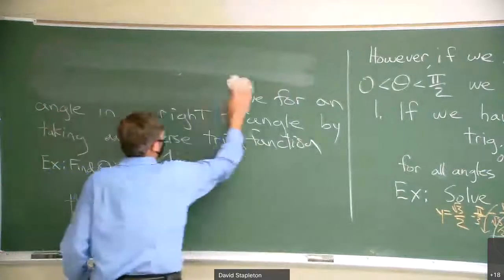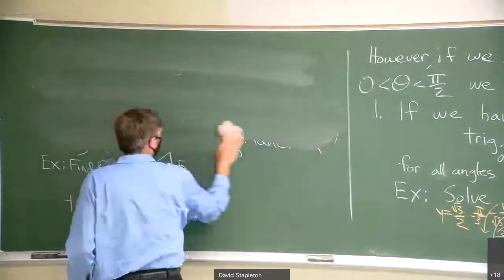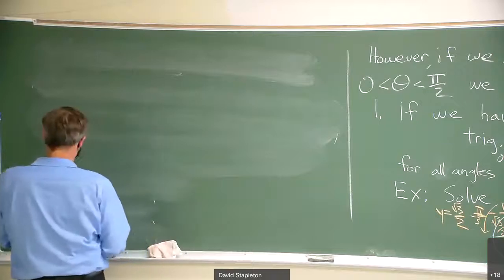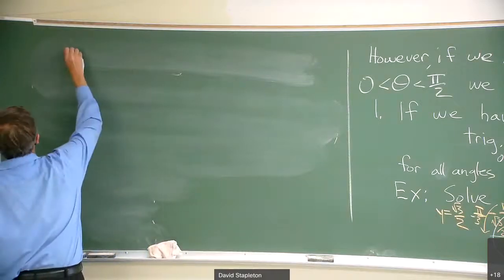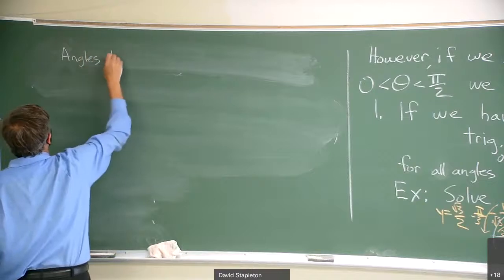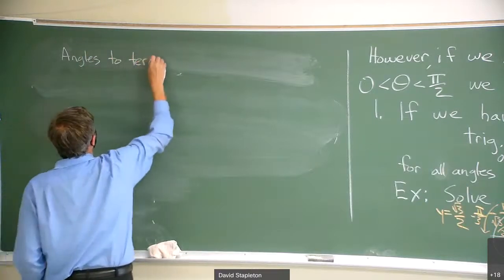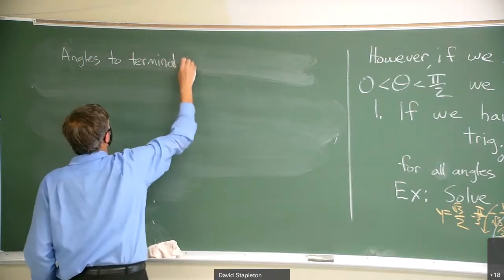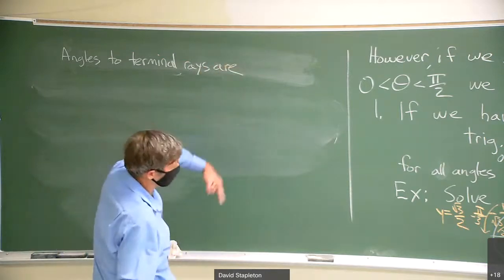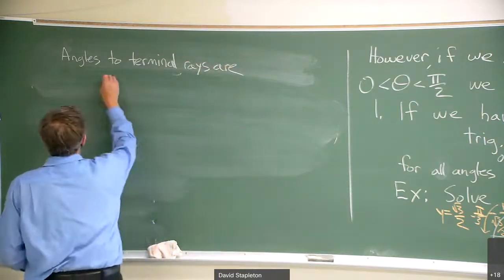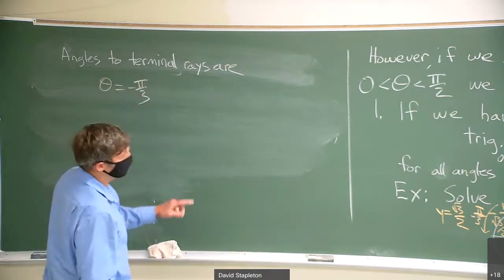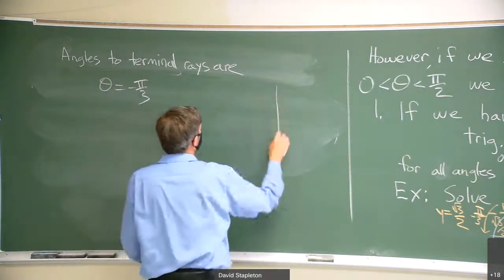From that diagram, I now say two solutions, one for each of the terminal rays, are evidently in the picture. I went pi over 3 like this, clockwise, so it's minus pi over 3. The other one was pi over 3, and maybe I should draw it over here since online you can't see it.